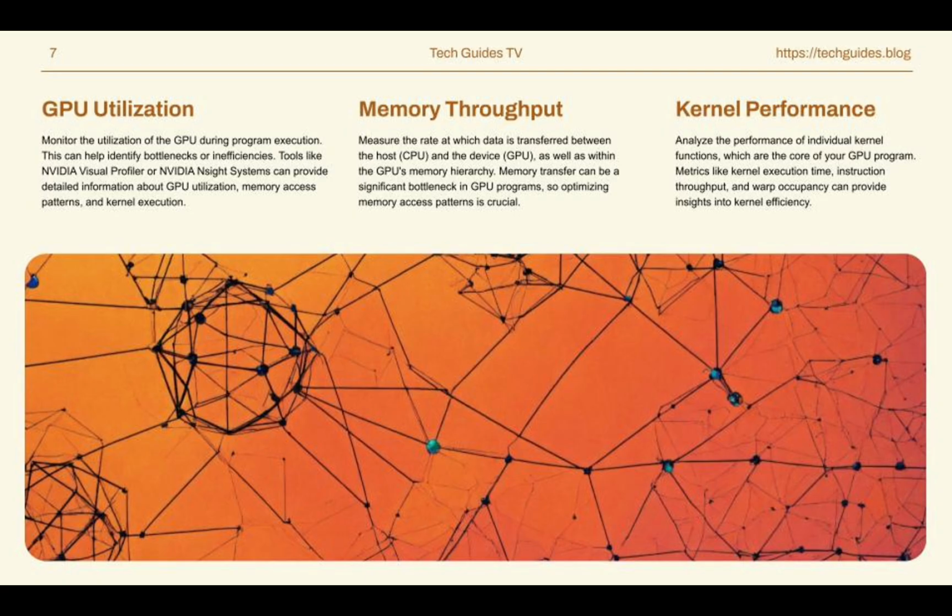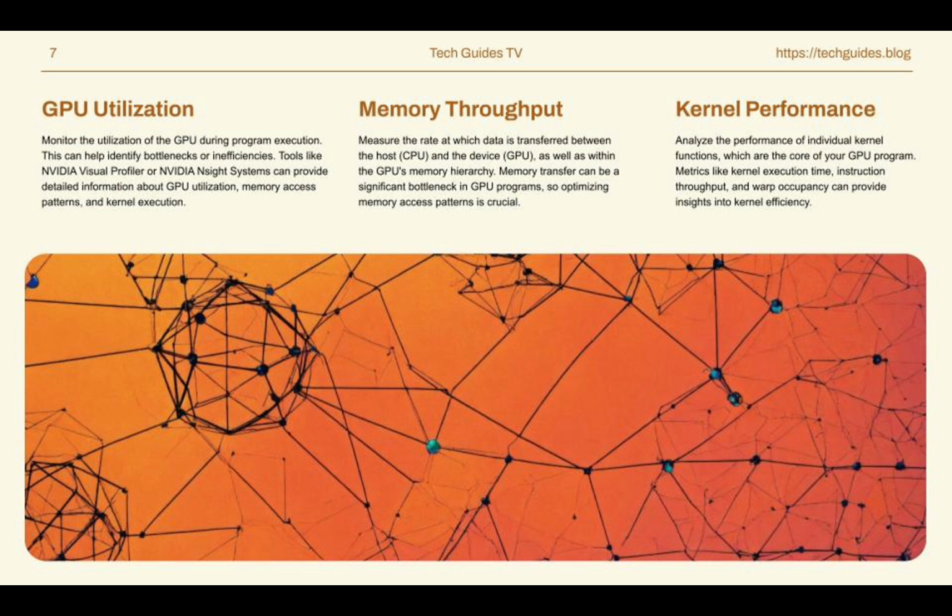Three more terms we have to go over: GPU utilization, memory throughput, and kernel performance. For GPU utilization, we monitor the utilization of the GPU during program execution, and this can help identify bottlenecks or inefficiencies. Tools like NVIDIA Visual Profiler or NVIDIA Nsight Systems can provide detailed information about GPU utilization, memory access patterns, and kernel execution.